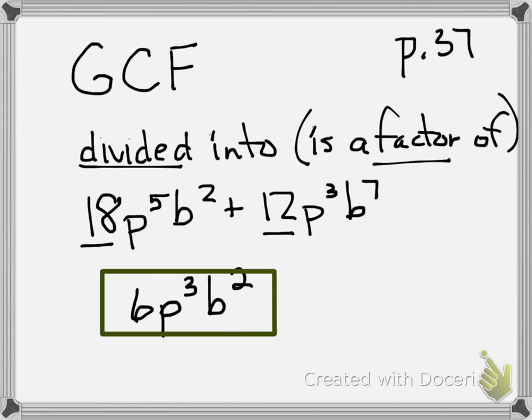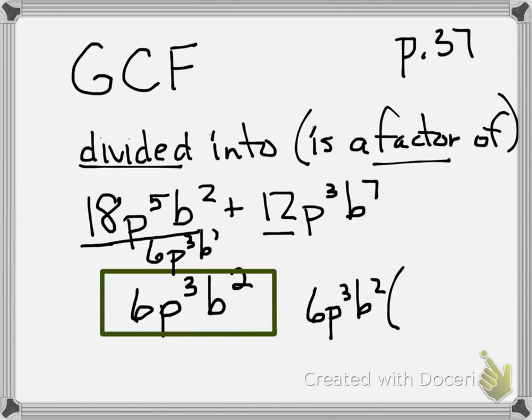More commonly, what we're going to be asked is to factor using the GCF. That means we take what we have from our GCF and write it on the outside of some parentheses. Then inside the parentheses, we divide both of these terms by that GCF, and we put what's left inside the parentheses.